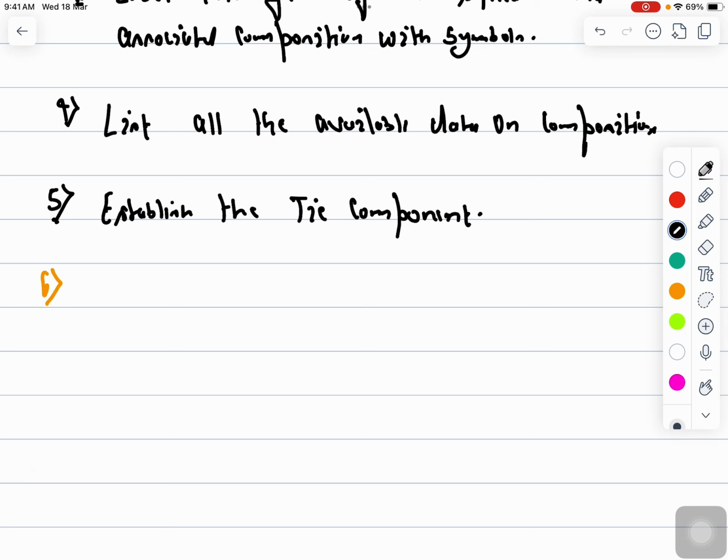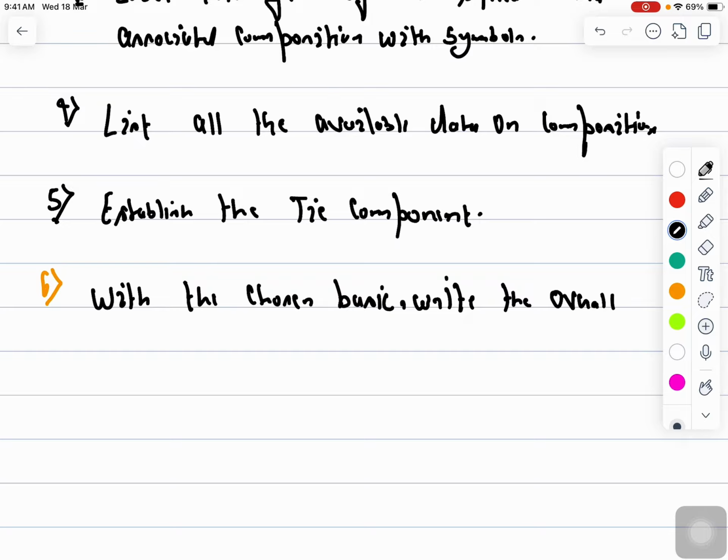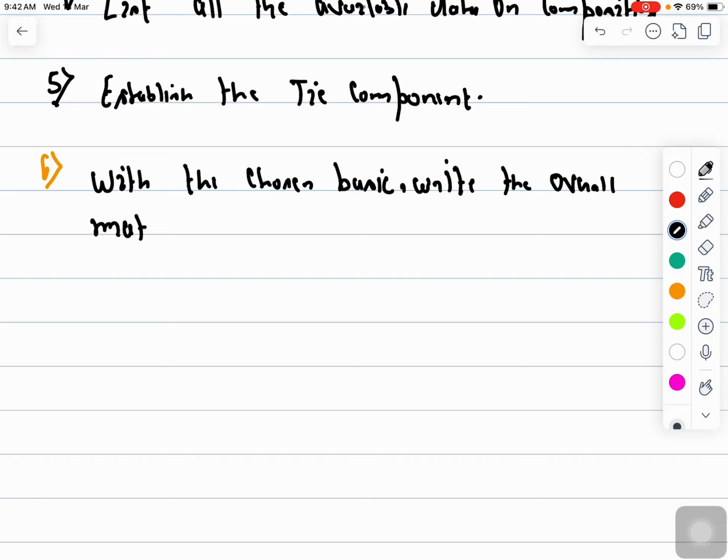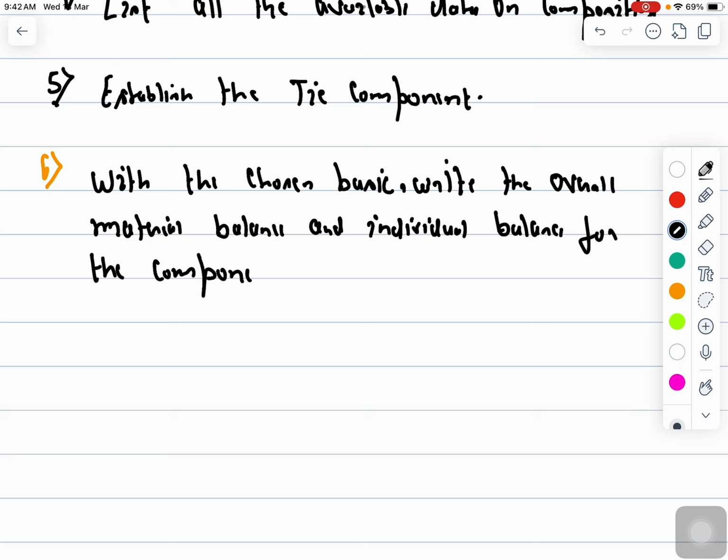After that, the sixth step: with the chosen basis, which is very important, write the overall material balance, right?